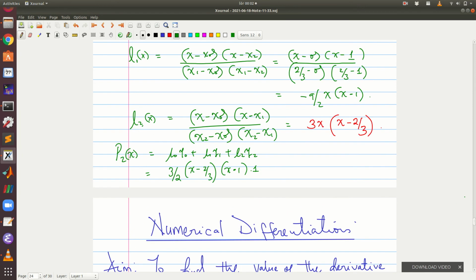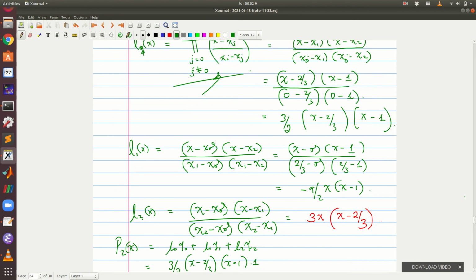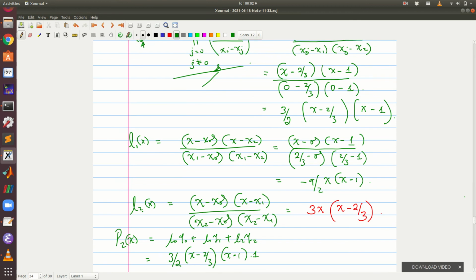Okay, and then plus, then this other one we got, what is it, we have 1/2, into negative 9 out of 2, we have x into x minus 1.